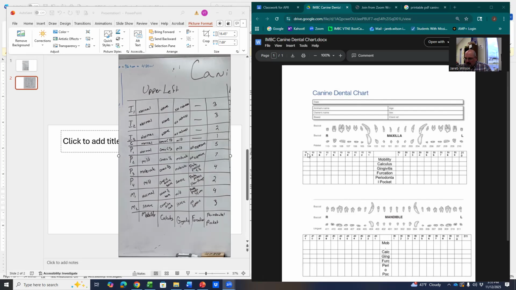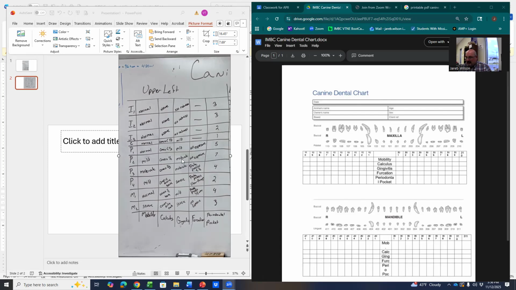Number-wise, I tried to get them spaced so that it said 110, but it says 101 with a 0 underneath it. I'm not sure why that ended up that way. So just kind of go with that. Remember your maxillary right teeth are your 100s, maxillary left are 200s, mandibular lower left is your 300s, mandibular right is your 400s.